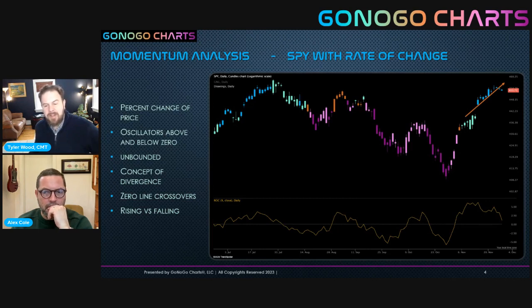And when we look at our rate of change oscillator in the lower panel, we're seeing that it's still positive, but it's making lower highs, telling us that the enthusiasm and the participation of the market in this trend at ever higher prices is coming to an end. That's a bearish divergence. So we're in an upward trend and our momentum oscillator is showing us lower positive readings. Alex, we like to use the metaphor of getting onto a freeway or acceleration, right?